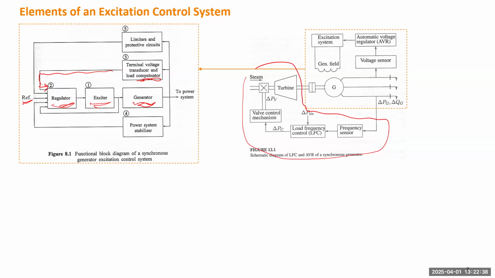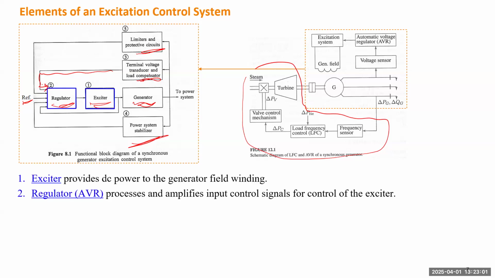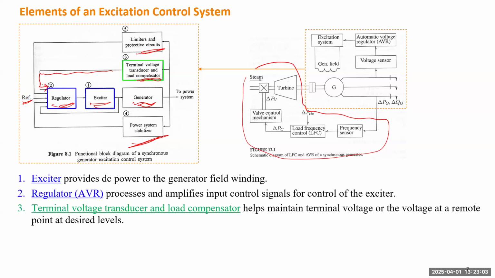For the safety of this equipment, you can also add limiters or protective circuits related to terminal current or field current. And there's another component. We'll discuss this component in the section on small signal stability. This one just provides additional damping to the generator. Exciter, regulator.